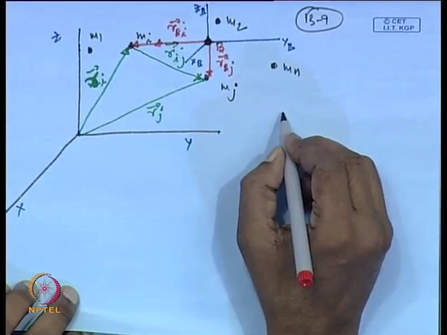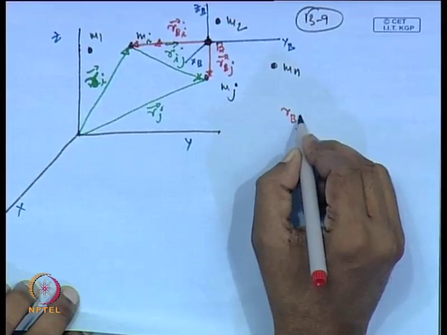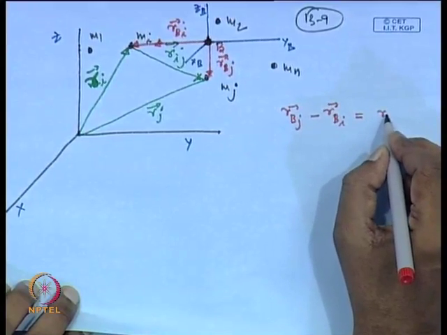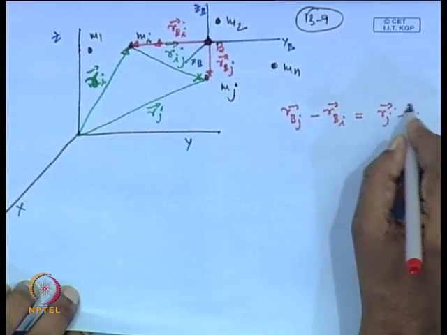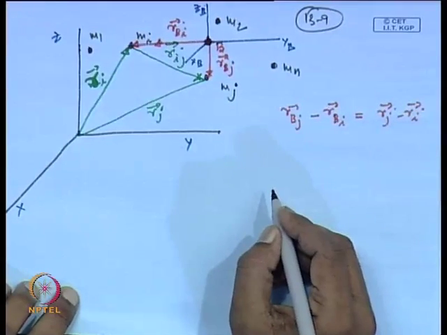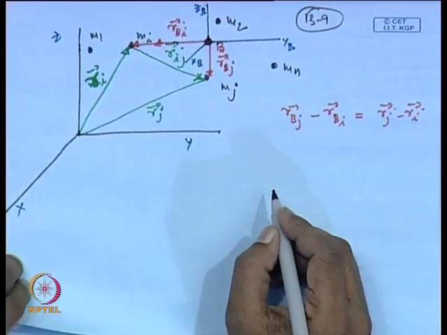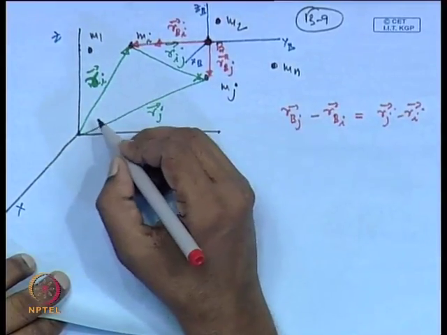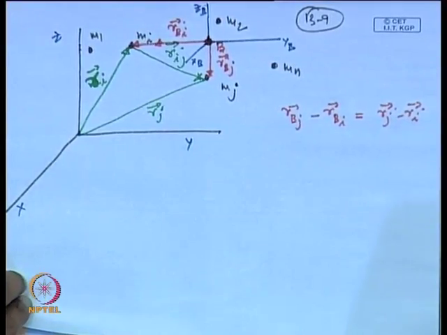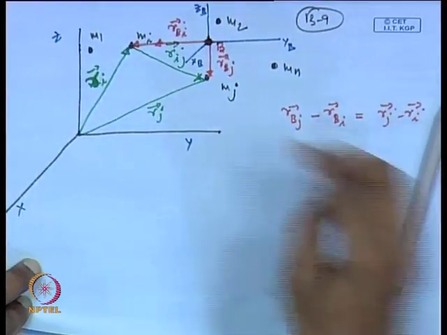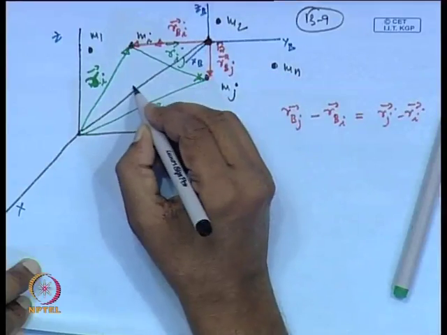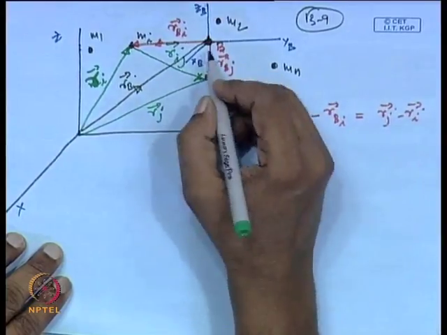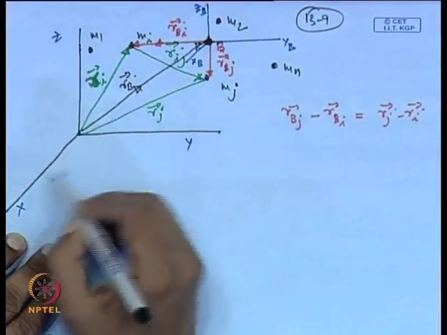So, from here we can see that r b j minus r b I is nothing but r j minus r I. And the other way also, let us see, we draw a line from here to here, and this is, let us say, r b vector, the position of the barycenter with respect to the reference frame x y z.